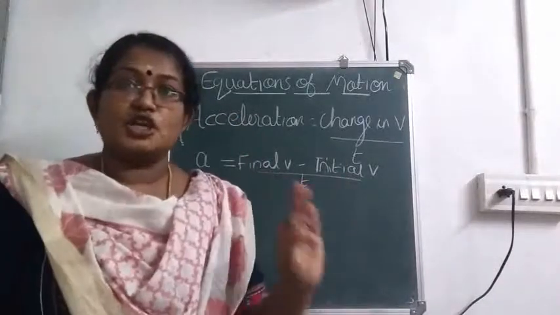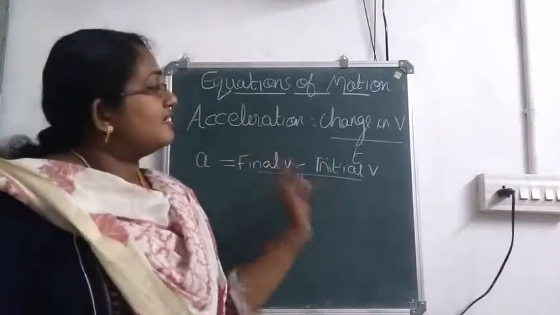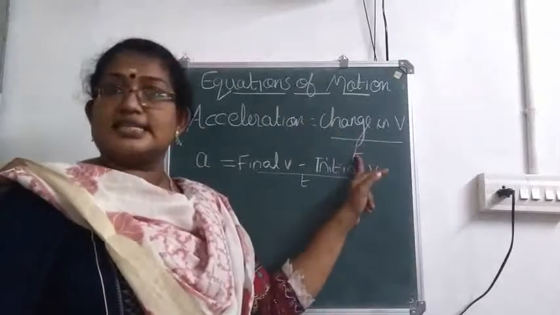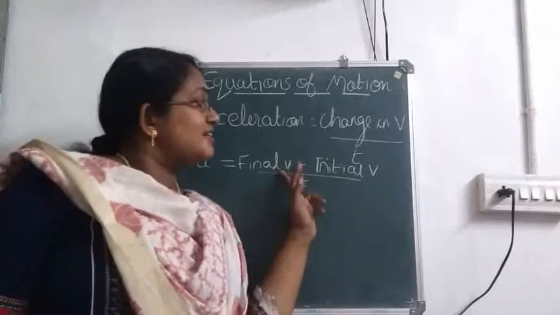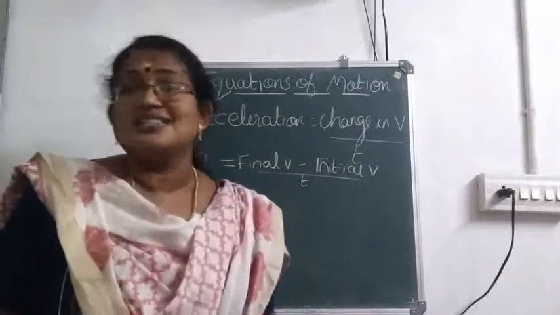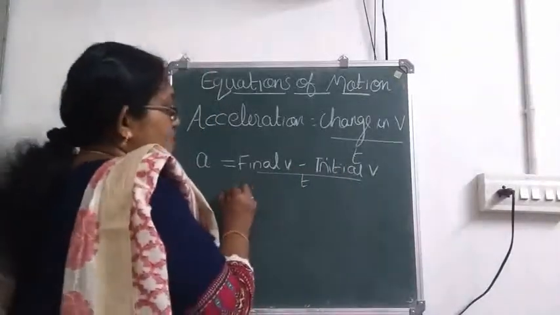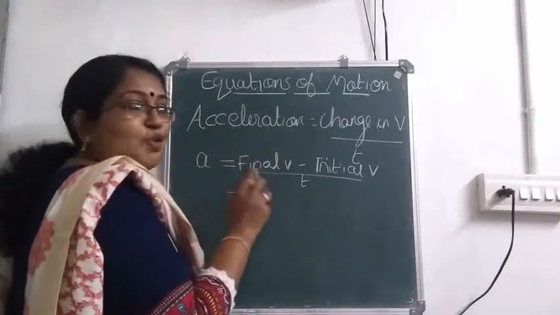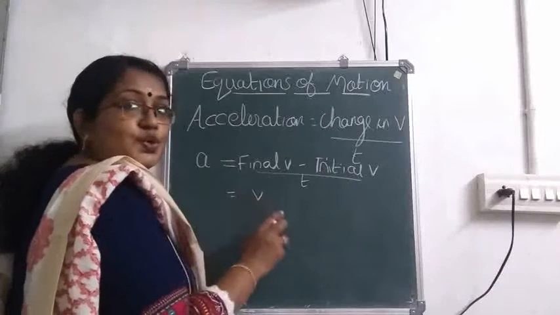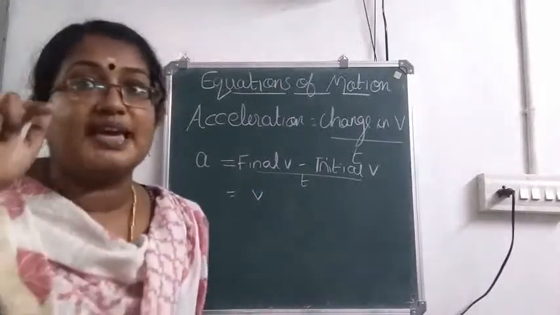Standard equation for acceleration is change in velocity by time. Now, change in velocity means it is final velocity minus initial velocity. So, how much is our final velocity? We already told that the body is moving with a velocity u and after time t seconds it became v.